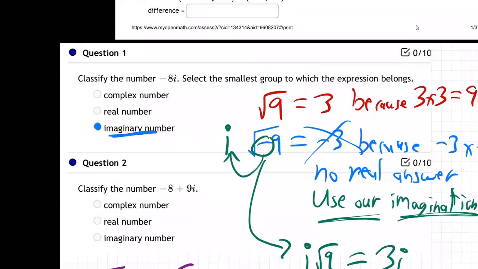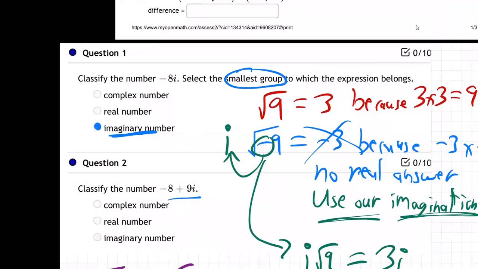Well, yeah, if you're an imaginary number, you are also complex. Your real part just happens to be 0. Is that making sense? So yes, the answer is imaginary, but yes, it's also complex, but that's why they said smallest group. They want you to select the smallest set as part of it.